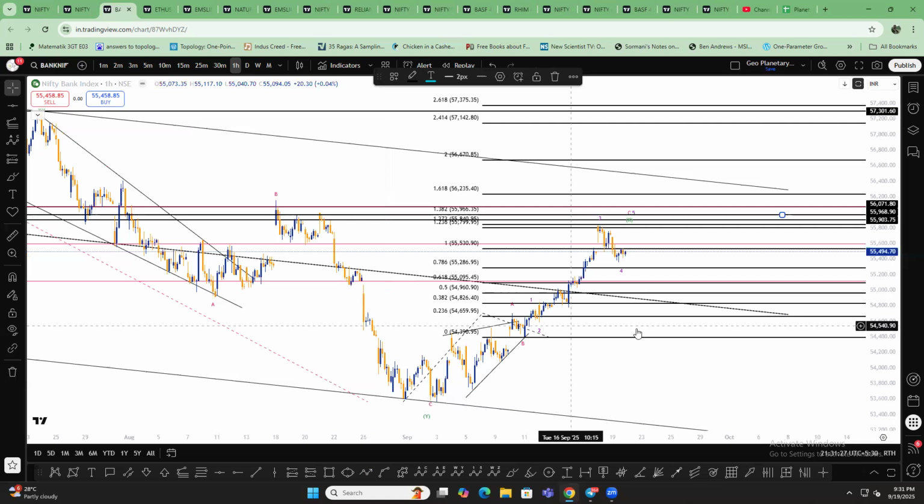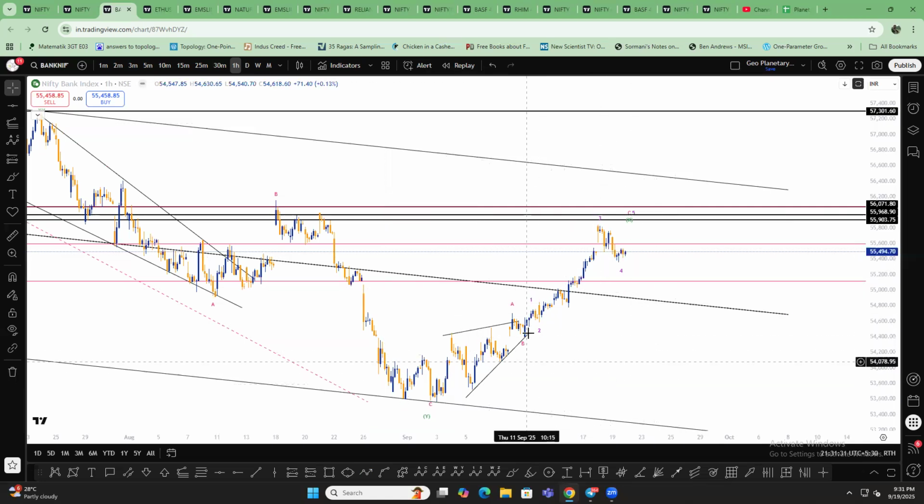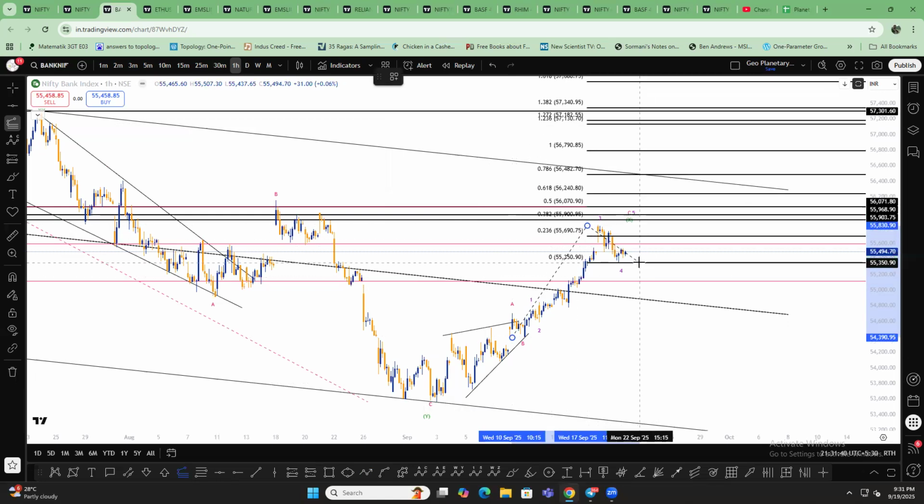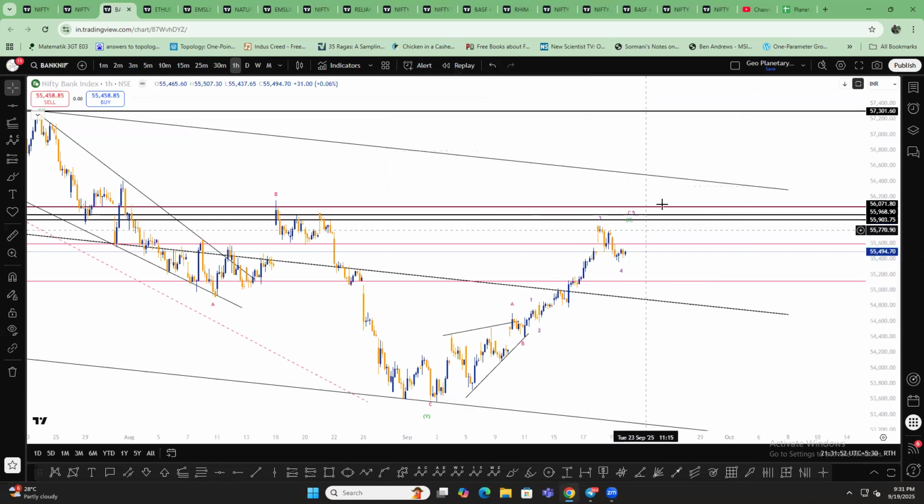That's the market done. And see, this is 1, 2, 3, 4, and 5, and hence, the wave 5 projection we can also calculate, and 32.8% is coming exactly at the 55,970 level. Okay, so this is a very, very important resistance area for the market.